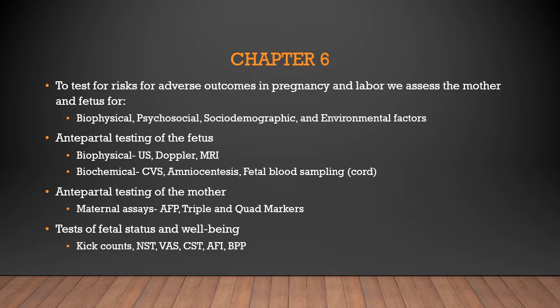So for example, when you're doing your biochemical assessments, the CVS looks for cystic fibrosis and can be done between 10 and 12 weeks, versus amniocentesis, which also does genetic testing, but infection screening and lung maturity, and occurs between 14 and 20 weeks. So, in very early pregnancy, we would do CVS versus amniocentesis after 14 weeks.